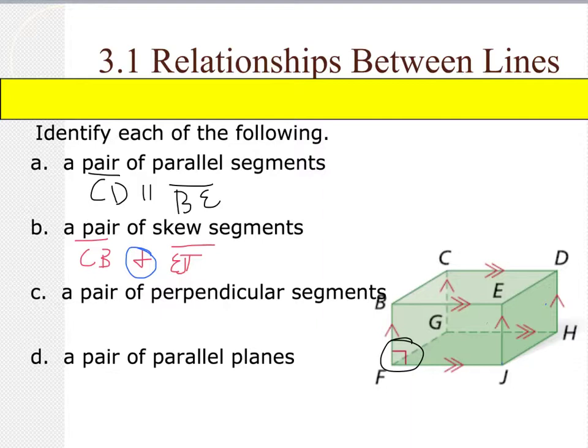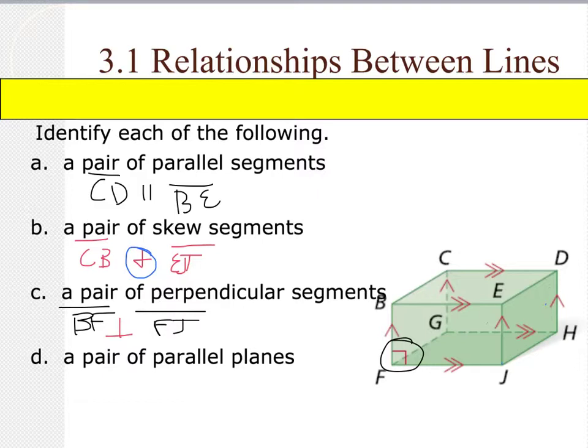I hope you're thinking right angle. It is a right angle. A pair of perpendicular lines would be BF and FJ. Those would be two perpendicular lines. How do you put the perpendicular line segment symbol? Upside down T. Perfect.